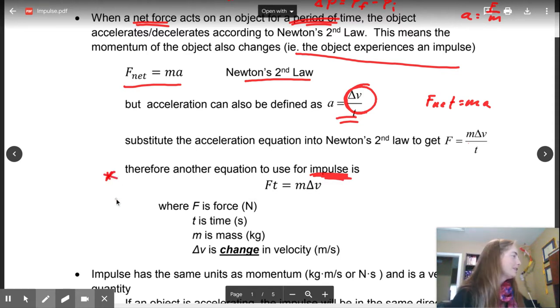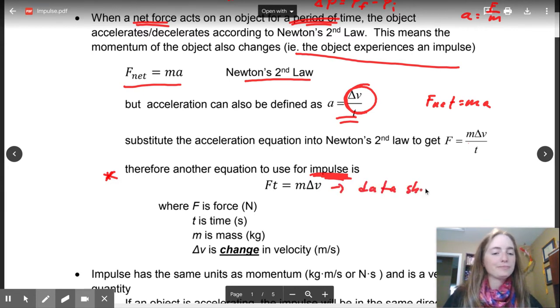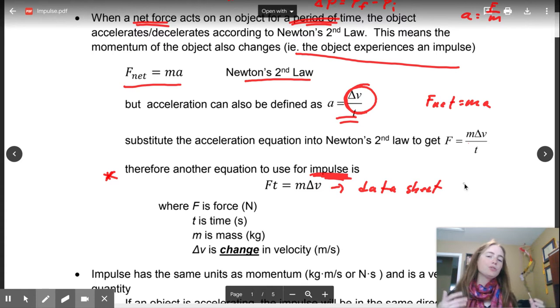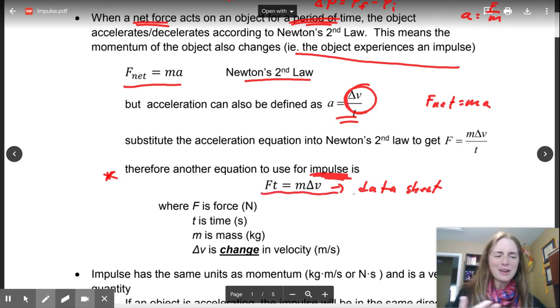All right? So this equation, ladies and gentlemen, is on your data sheet. Okay, so you don't need to memorize all of the substitution of equations and how we derive this guy here. But I always find it good to know where we can get these equations from. Why does it make sense in the physics?